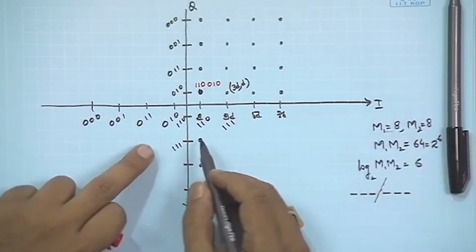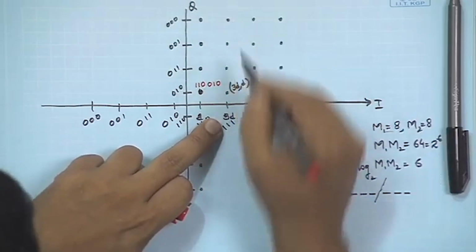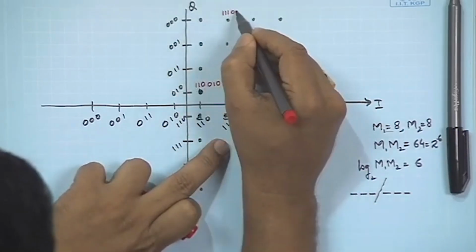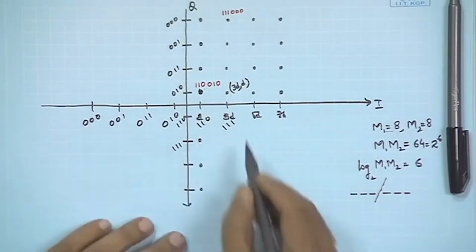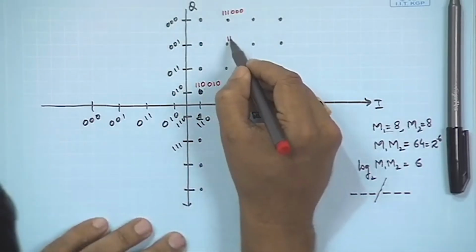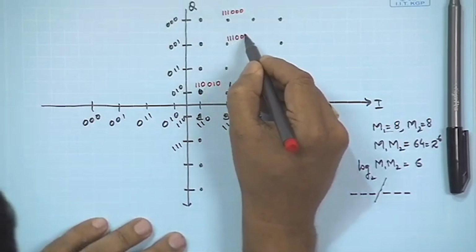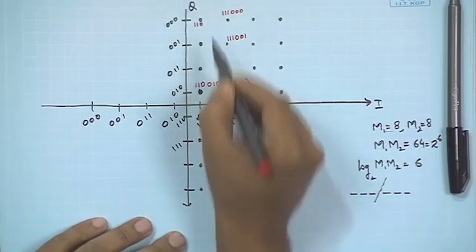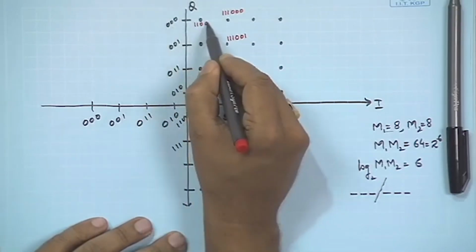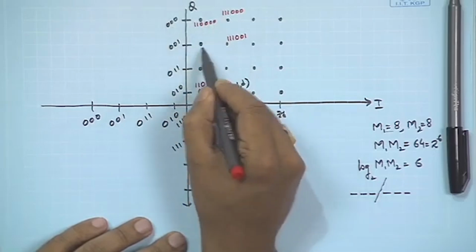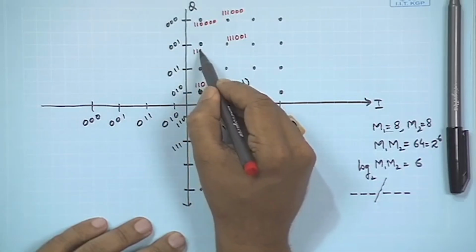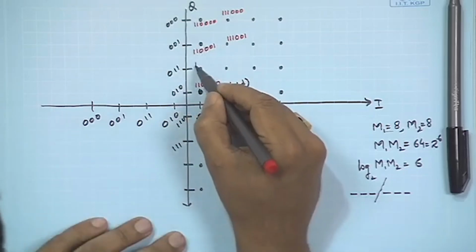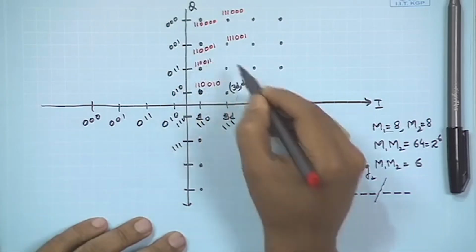If we are to select, let us say, this particular constellation, this would have 111 and 000. This particular constellation would have 111001. And if I take this, it is 110 because it is 110 here and 000. Similarly, this one would be 110001, 110011.